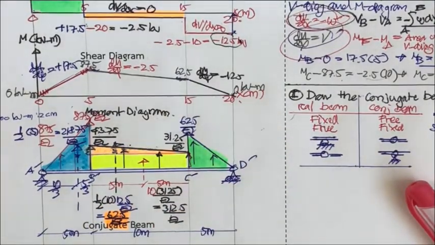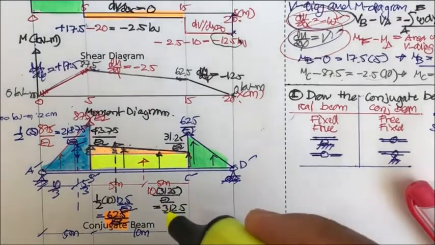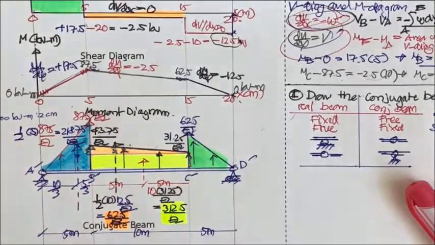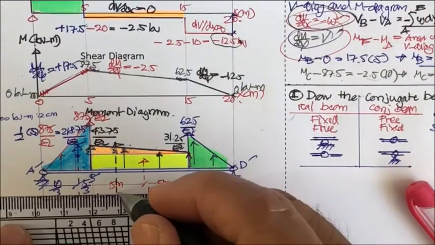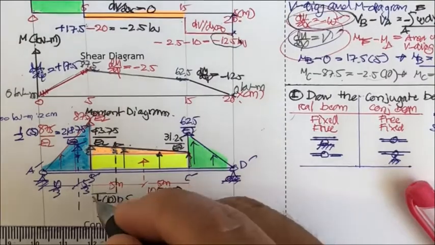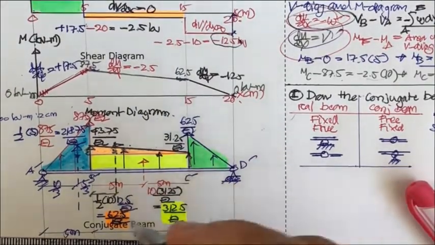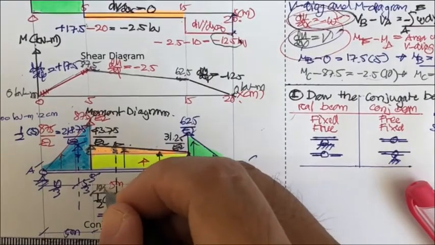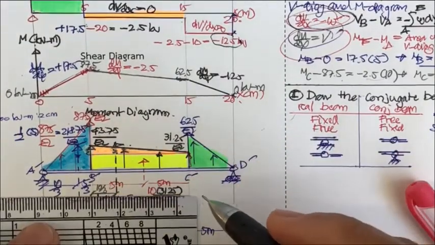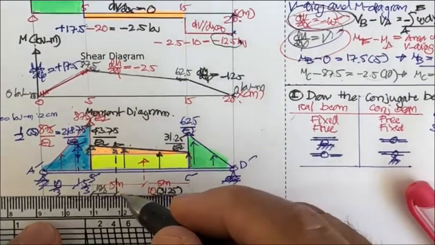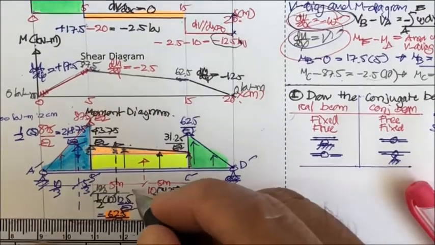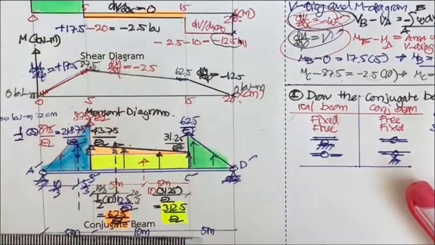Okay, if you like, you can make this one orange and this one yellow, because there are a lot of them, so you won't miss it. And also you can determine the length here. This is 10 divided by 3, and if you calculate this, it is going to be 20 divided by 3.